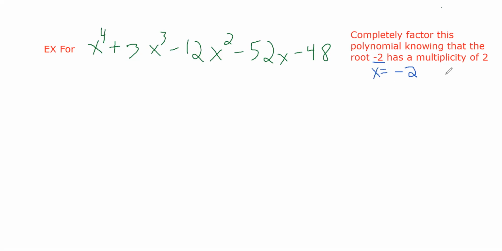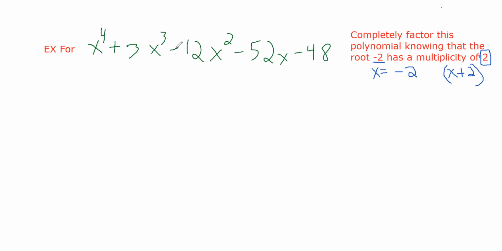And if I add 2 to the other side, that's the same as saying x plus 2. So the factor will be x plus 2. But another thing we know is it has a multiplicity of 2, meaning it can be factored out of this entire expression 2 times.